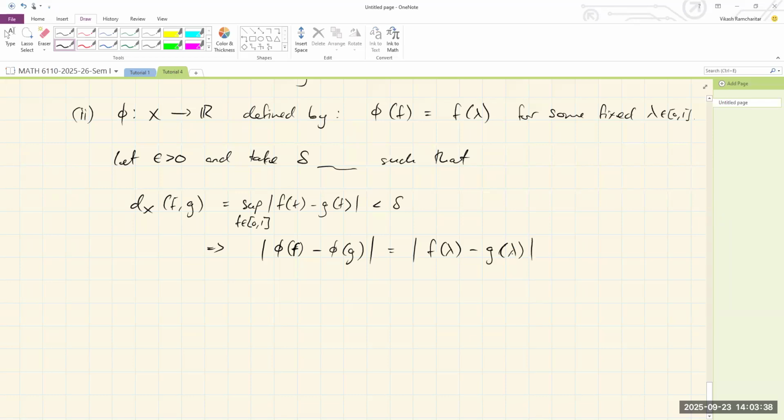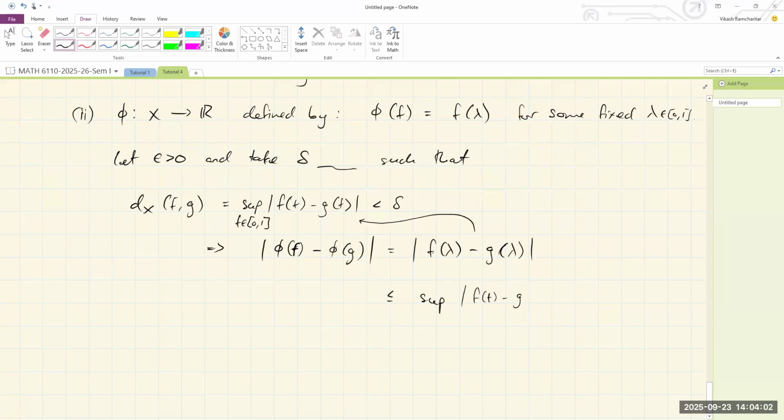But remember, lambda is some value in 0 and 1, so this is just some value in this set. But I'm taking the supremum over this set, so this is obviously less than or equal to the supremum over all of these values.